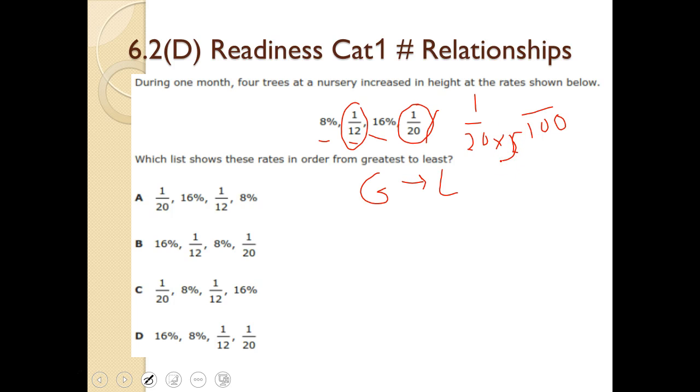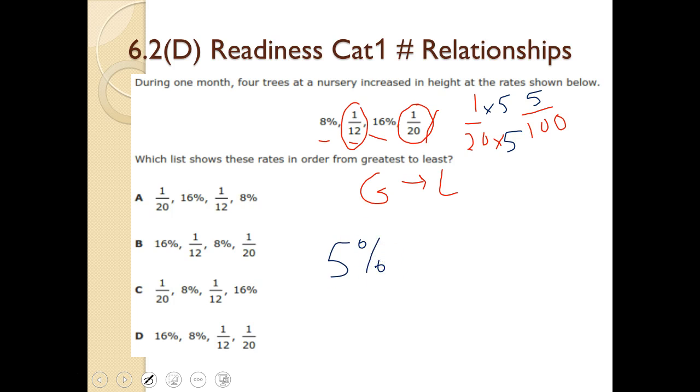Let's do times 5 on the bottom. Whatever I do in the bottom of the fraction to keep it equivalent, I have to do on the top, which would be 5 out of 100. So 1/20 is really the same as 5%.